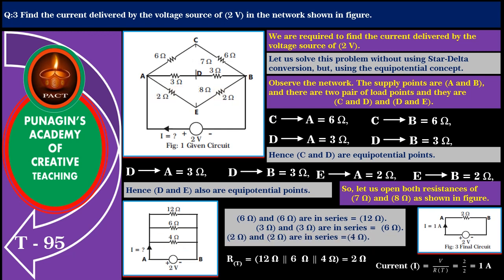Finally, we find that 12 ohm, 6 ohm and 4 ohm are in parallel and their equivalent is 2 ohm as shown in figure. Hence, current delivered by 2 volt source is 2 volts divided by 2 ohm equal to 1 ampere. Very easy, isn't it?